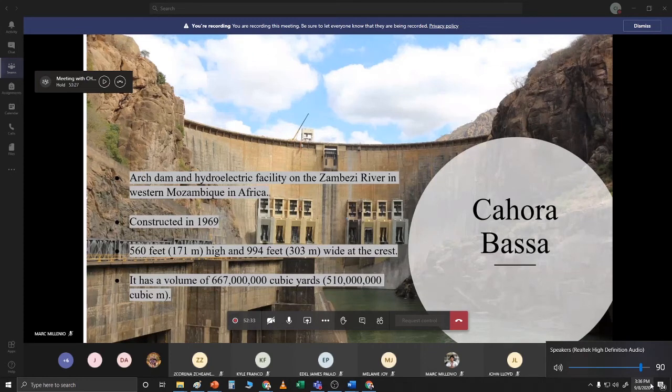Tapos po meron po siyang height na 560 feet at meron din po siyang width na 994 feet. So, meron po din siyang volume na 667 million cubic yards or 510 million cubic meters.